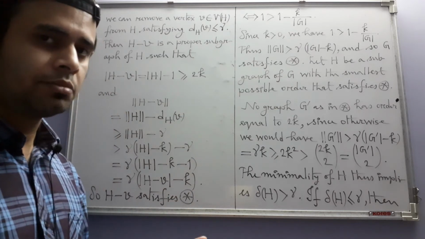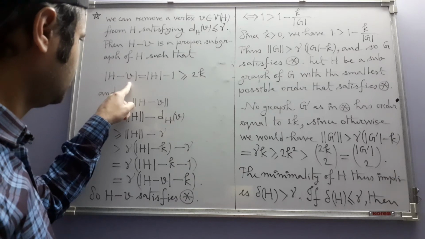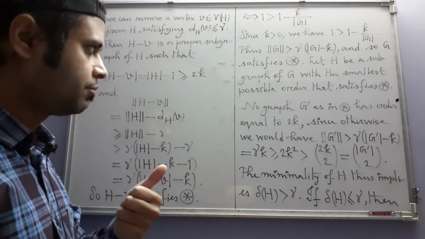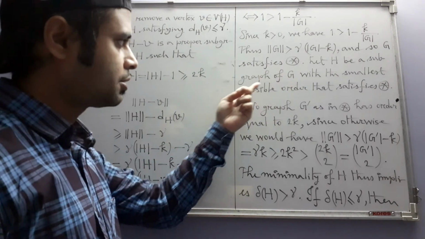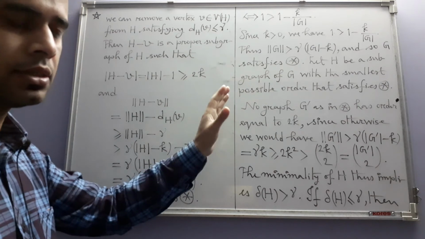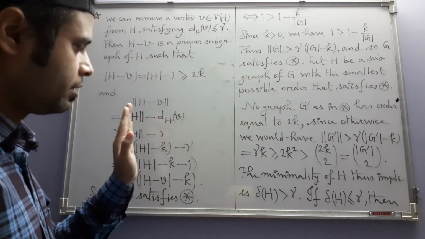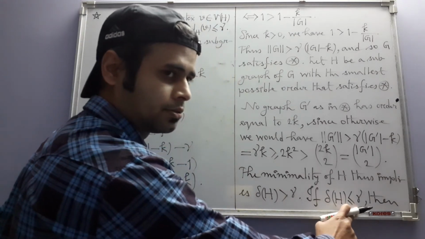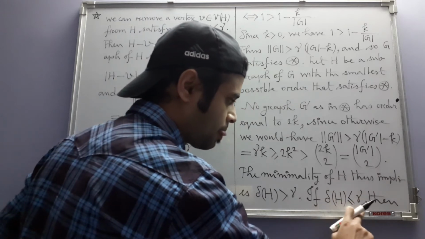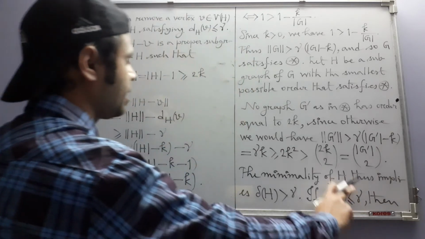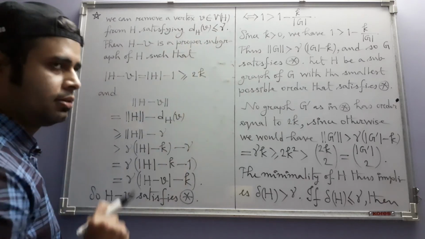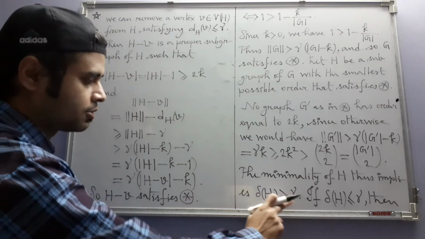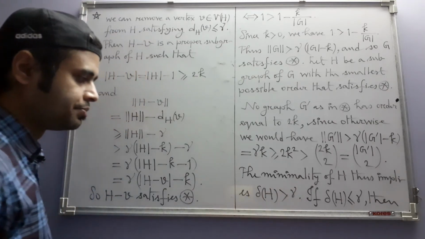But this contradicts the minimality of H, because H minus V has order 1 less than the order of H, but H has the smallest possible order among such subgraphs that satisfy star. This inequality allows us to find such a vertex V in H. So it cannot be true. So that's why delta H is greater than gamma.